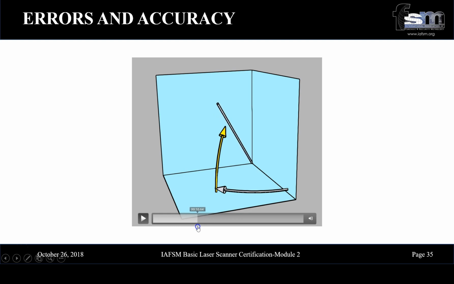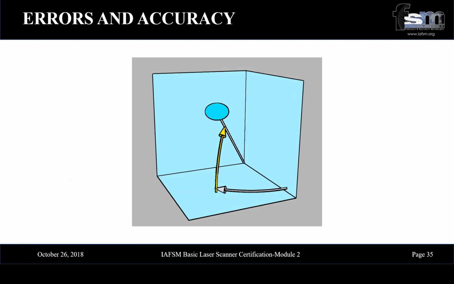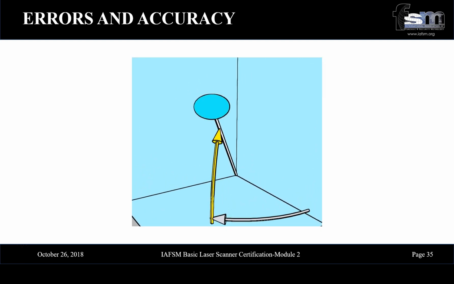So when you think about all the positions where that point could exist, basically looking at away and closer to the scanner, then up and down vertically from that position, and then side to side like that, you end up with a type of error ellipse, an area which defines all the possible locations where a point could be.